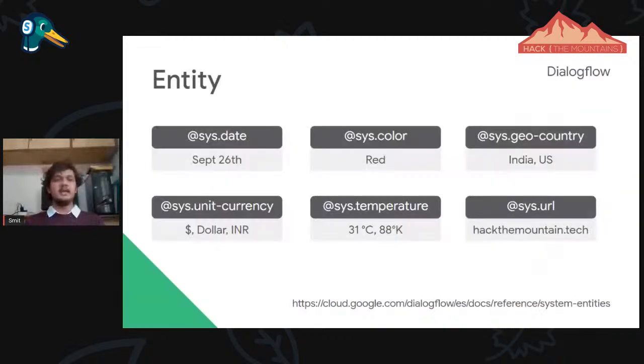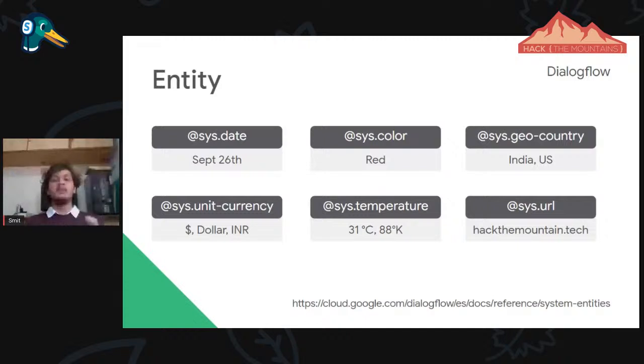We'll see, suppose there are sys.date, sys.color, sys.geo-country, currency, temperature, URL. Apart from this, there are many, like email address, then city. There are several entities which help you to build your assistant. Suppose I'm making a geography chatbot.